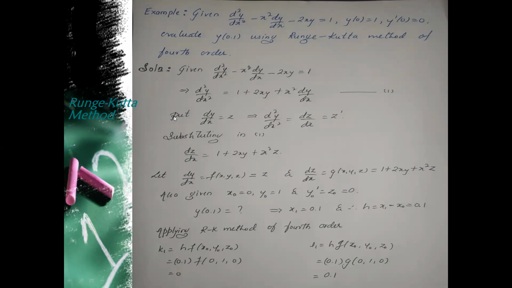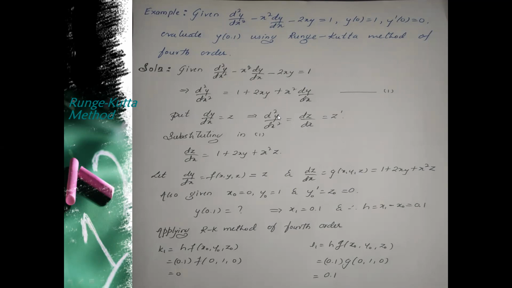Now we go for substituting dy by dx equal to z, so that d2y by dx square is equal to the derivative of z, that is dz by dx. We will differentiate this after substituting dy by dx equal to z.